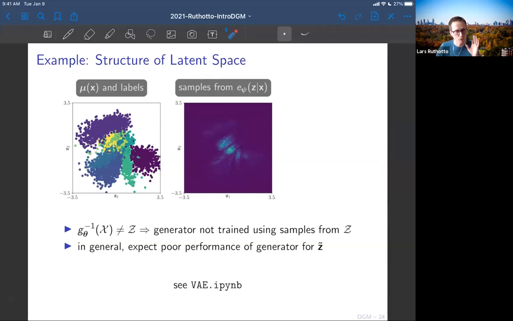So if you think about what you want to do, you want to train a generator, right? How is the generator going to work after the training is done? You pick a sample from a Gaussian, you put it into the generator, and you want a nice image. Everything we know about deep neural networks is that you should train them exactly on the task. Ideally, you should train them on the test data.